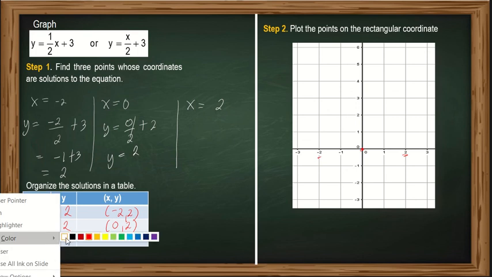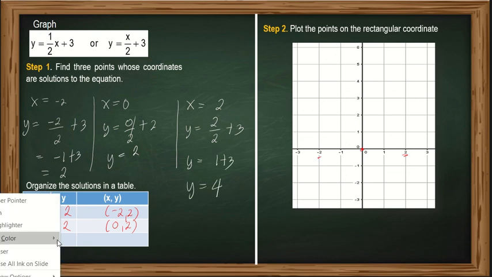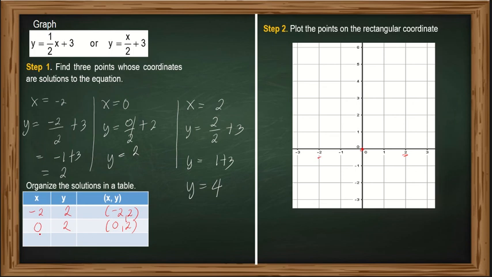Then lastly, we have y is equal to 2 divided by 2 plus 3. We have y is equal to 1 plus 3, y is equal to 4. So the last point has coordinates 2 and 4.